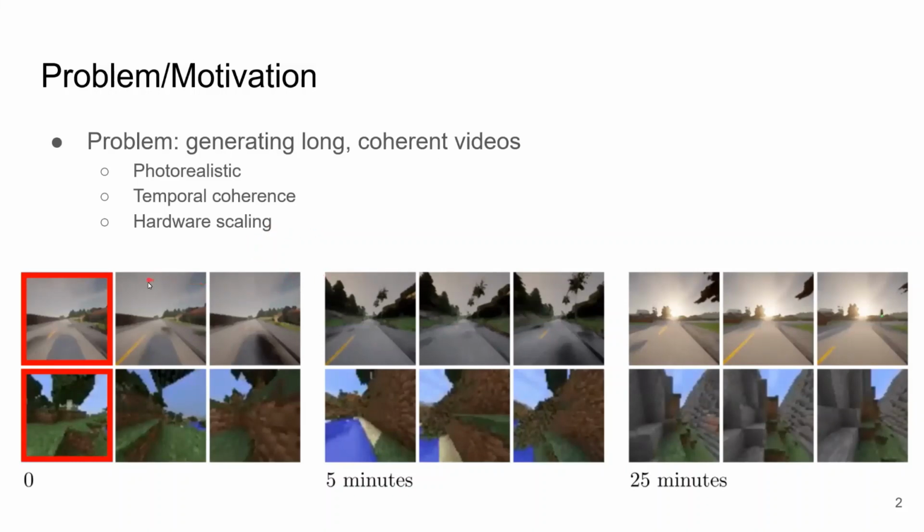So we can see here that this 25-minute long video, starting off with this input red frames, which are basically pre-existing frames that the user gave as input, is still able to generate frames 25 minutes later that are still photorealistic and coherent.